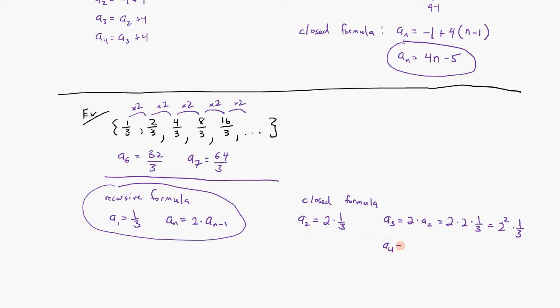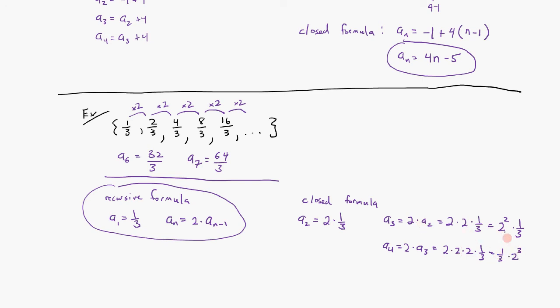A sub 4 is 2 times a sub 3. So 2 times 2 times 2 times 1/3, or 2 cubed times 1/3, so 1/3 times 2 cubed.